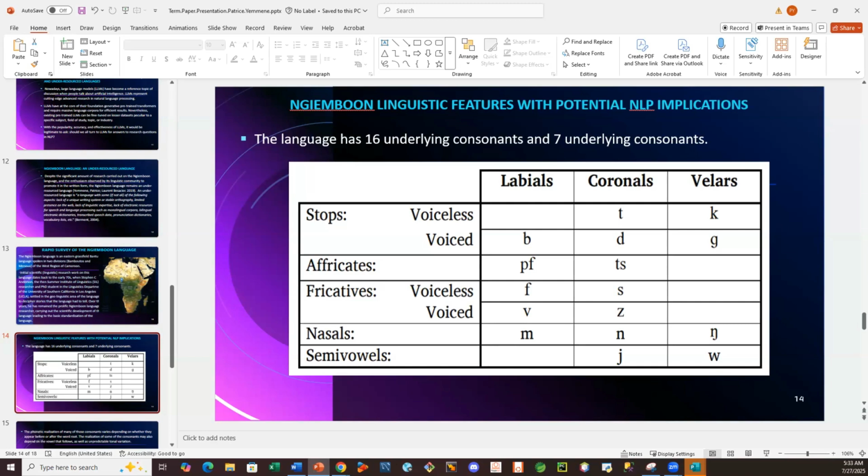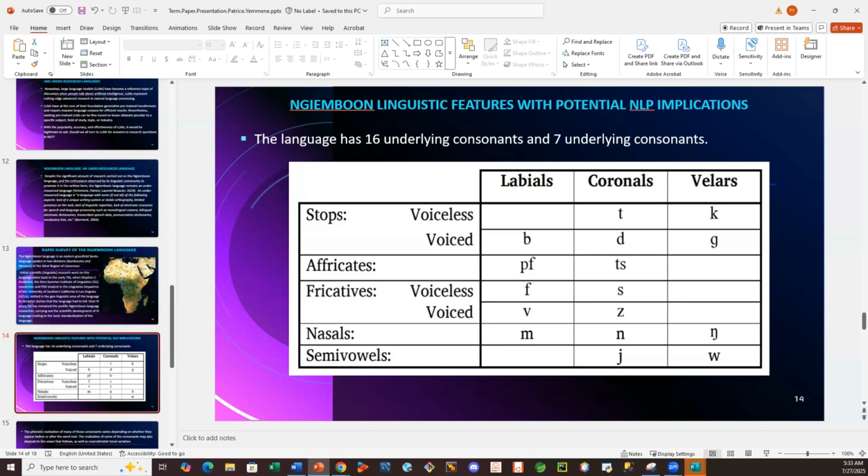The Ngiemboon prefixes on nouns and verbs and some pronouns, in addition to the simple consonant-vowel-consonant syllable structures, have just a syllable nucleus consisting of either a vowel or a homorganic nasal consonant.